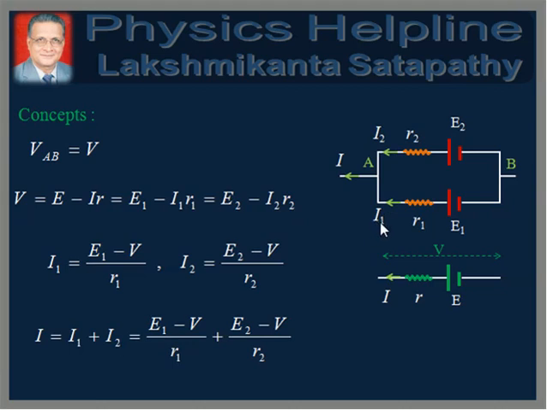Now obviously we have assumed that I1 is the current sent by E1 and I2 is sent by E2. From this, on simplification, we get I1 is equal to (E1 minus V) by R1 and I2 is equal to (E2 minus V) by R2.